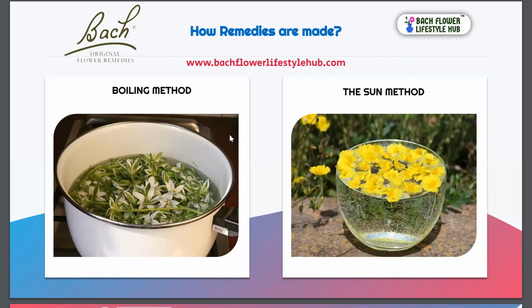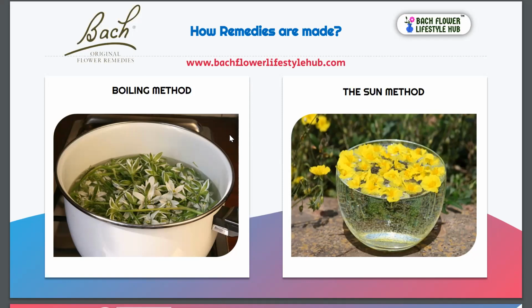During this time, the energy of the sun helps transfer the vibrational energy of the flowers into the water. Since water has the ability to capture and hold vibrational energy, it gets transferred into the water, and then the flowers are separated.